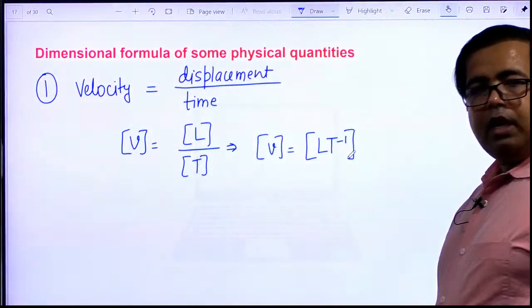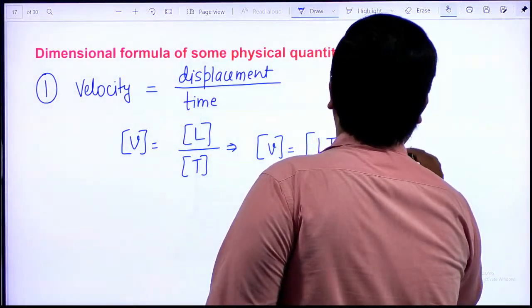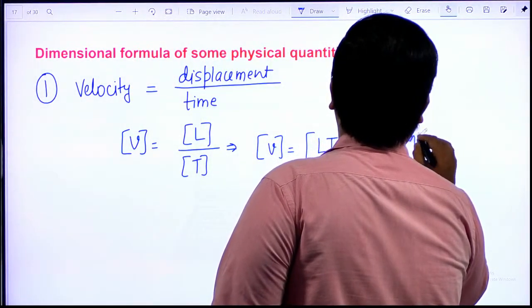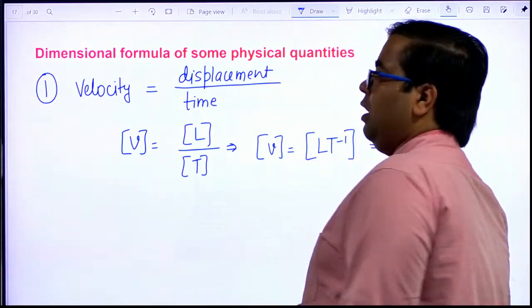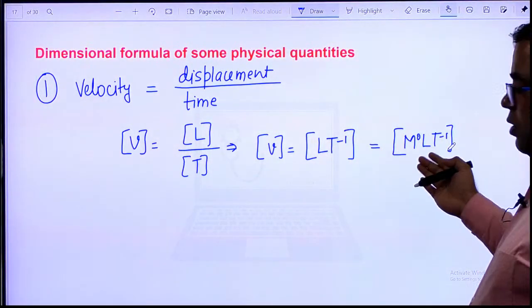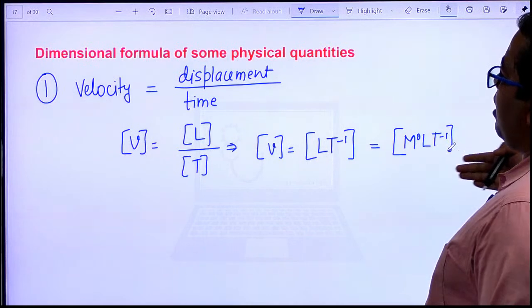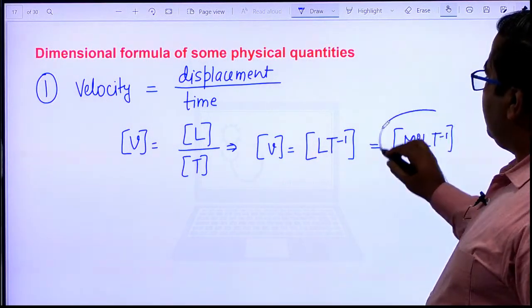One more thing: if you want, it can also be written as M to the power 0, L to the power 1, T to the power minus 1. If we write it like this, we should write all the fundamental quantities' powers as 0. So there is no need to write it this way.